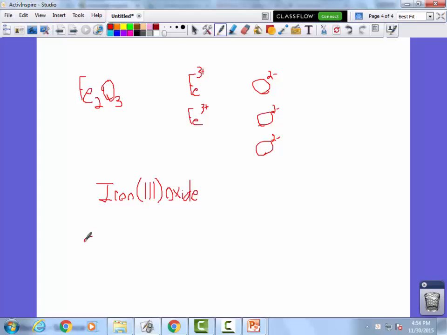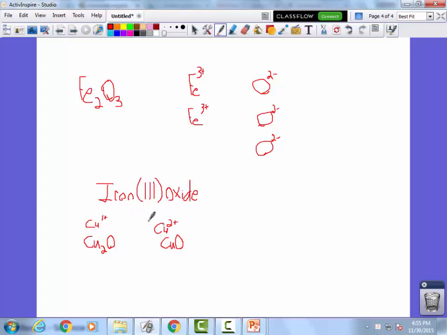Like copper, if I had copper 1 plus, it would look like this: Cu2O. If it was copper 2 plus, it would be CuO, because this is Cu1 plus and this is Cu2 plus. It's different because it requires 2 1 pluses to bond with 2 negative. This is 2 plus, so you only need 1 copper atom to bond with the 2 negative.